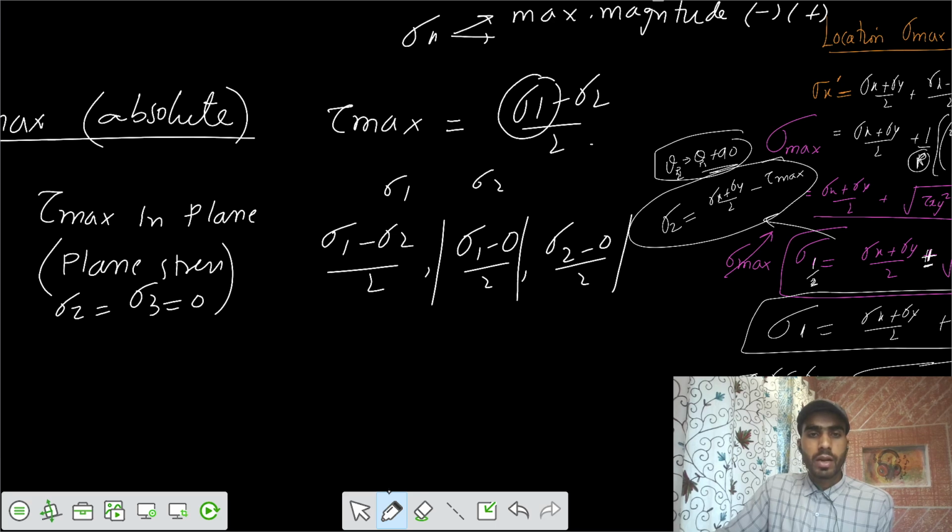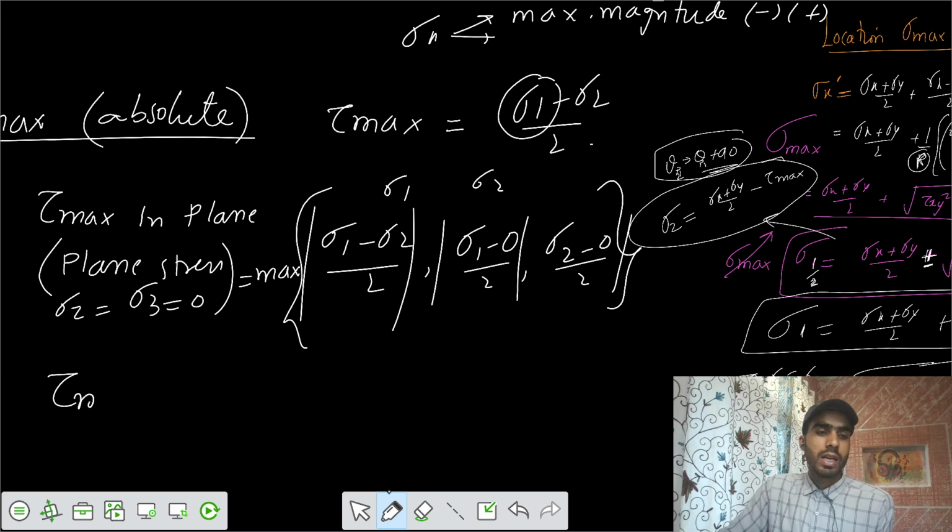The maximum magnitude of these three gives the overall tau max. If the question directly asks for tau max, it generally means in-plane tau max. It's not asking for tau max absolute.